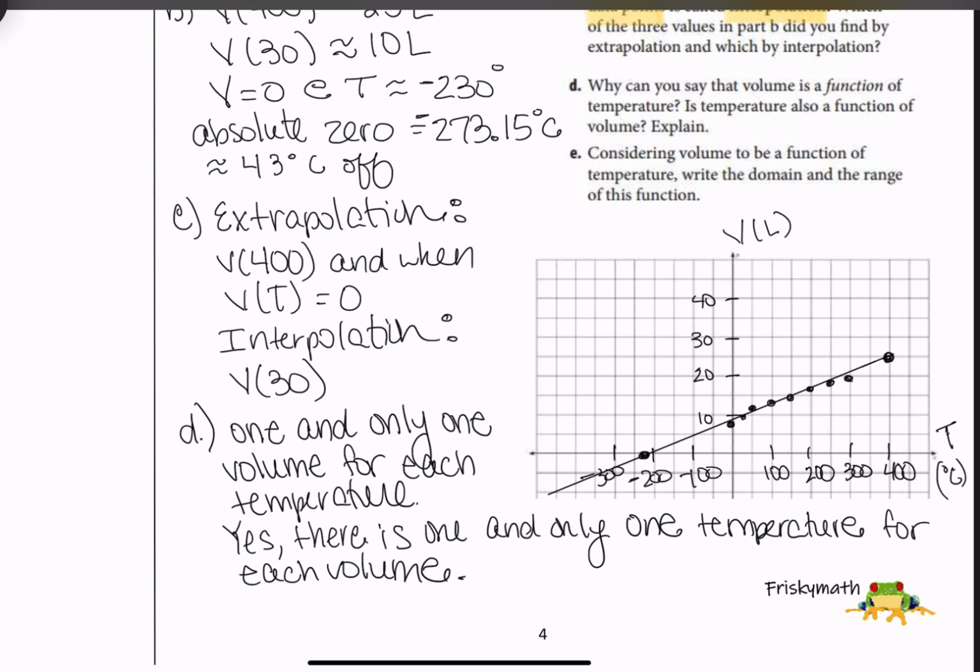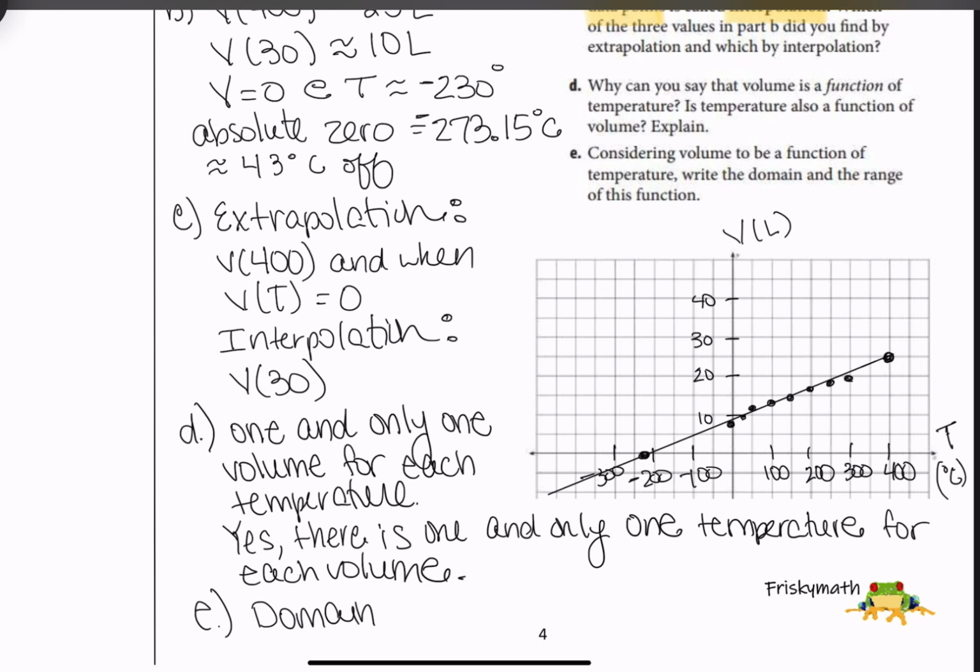All right, moving on to E. Considering volume to be a function of temperature, which we've already been doing, write the domain and range of this function. All right, so the domain: I think we have to be higher than absolute zero in this situation.